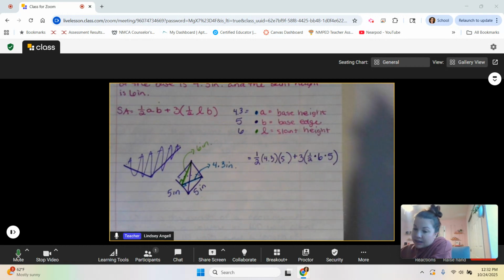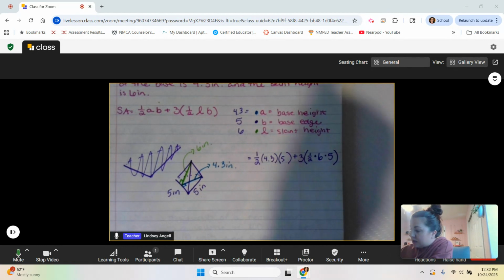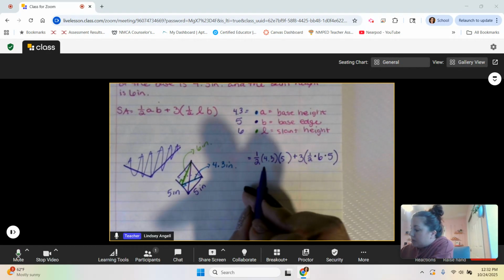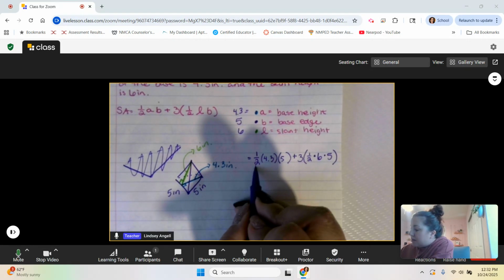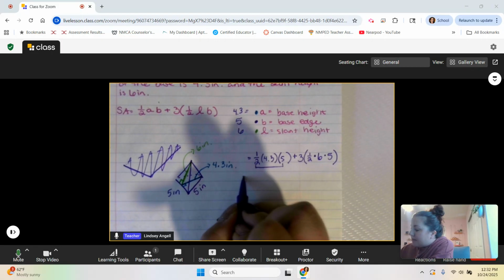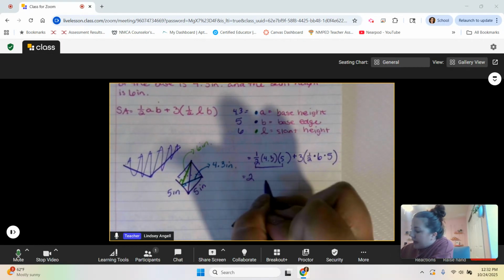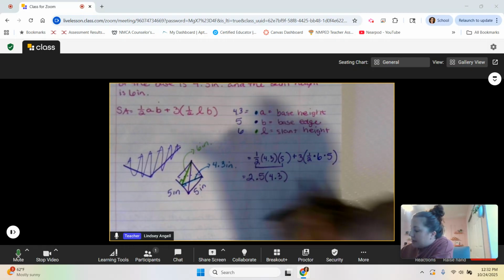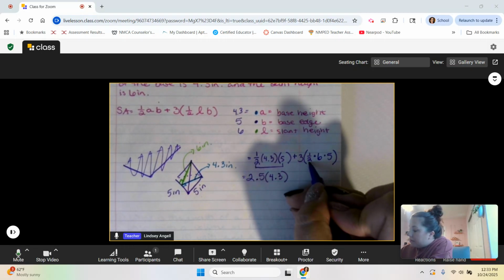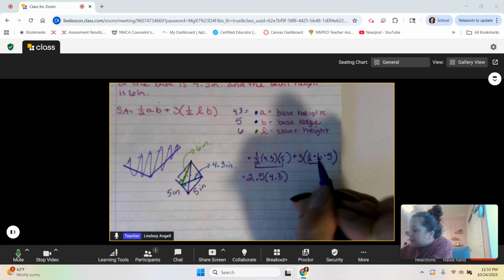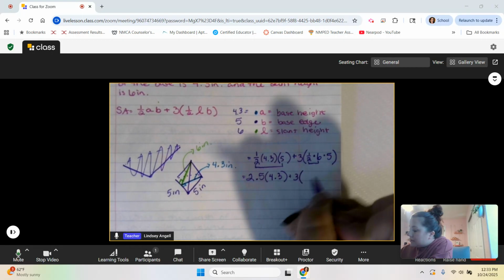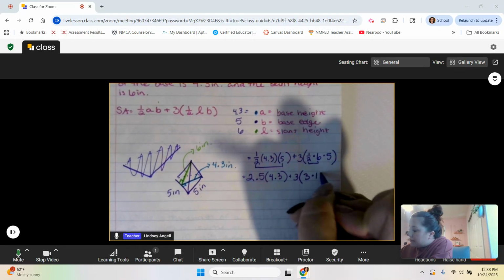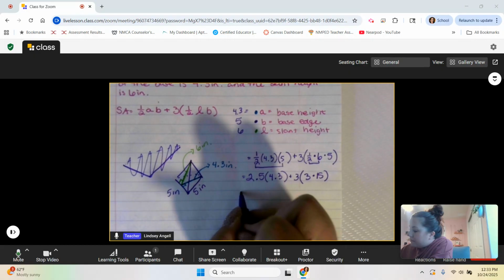Okay? And again, it's just plugging in to these formulas. So let's see here. I know that 1/2 times 5 is 2.5, right? Half of 5 is 2.5. So I could do that in my head before I jump to a calculator. Right here, half of 6 is 3, so we could say plus 3 times 5.